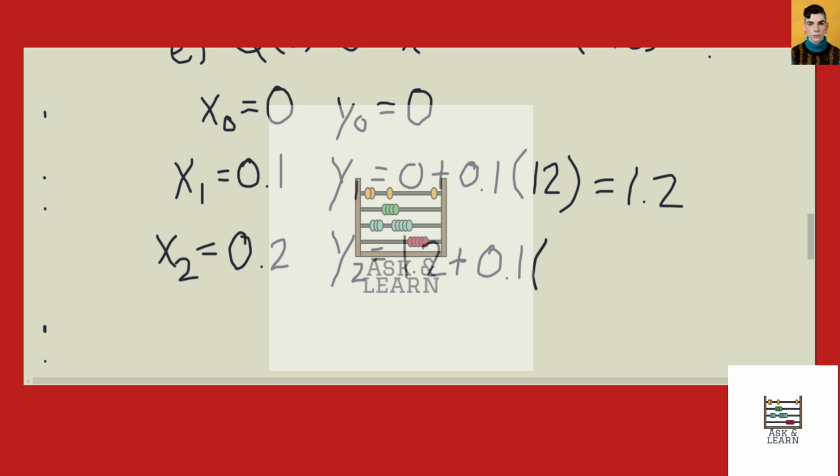So this is 4 times (3 minus 1.2). This is equal to 1.92.